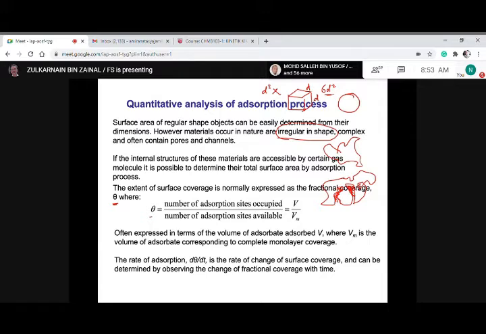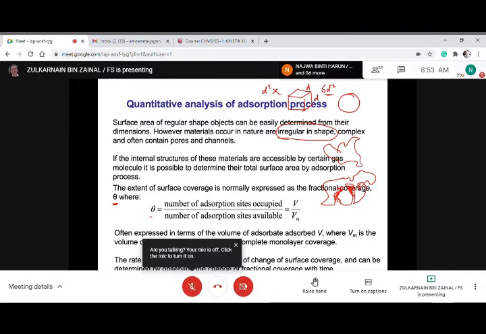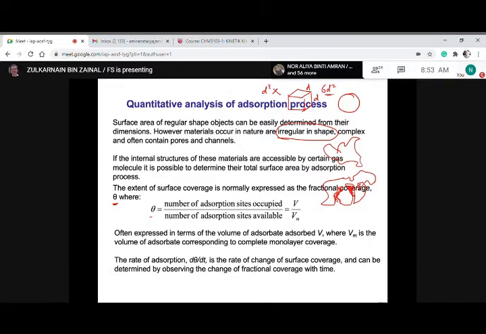V is the number of sites occupied, and Vm is the total adsorption sites available. So if all the area in the adsorbent is covered, V will be equal to Vm and theta will be equal to 1.